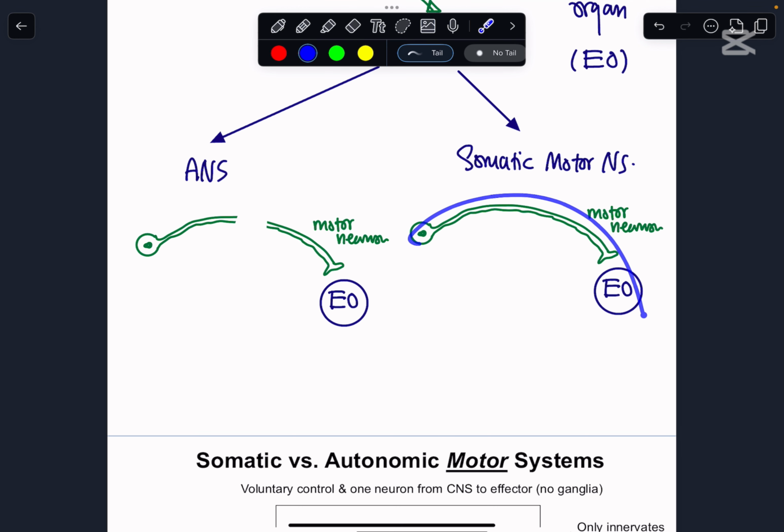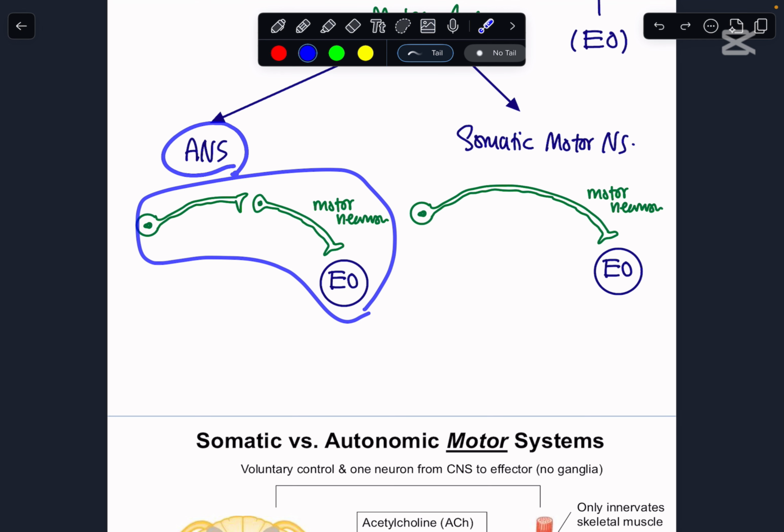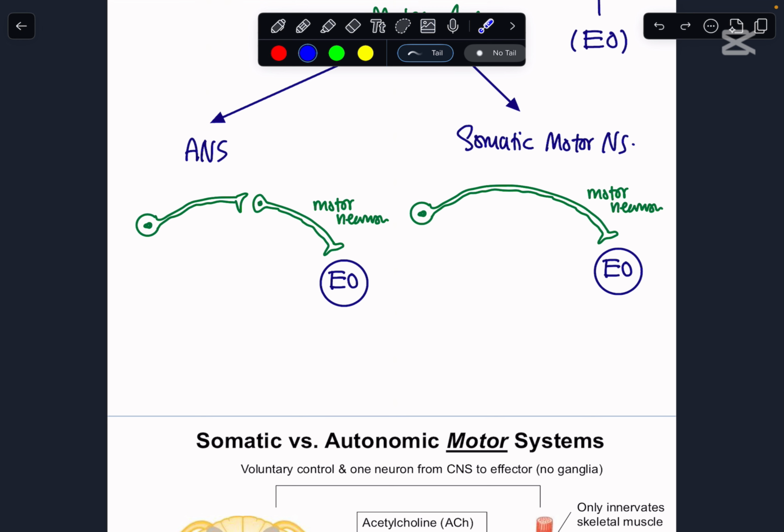So instead of having one neuron, here we say that we have a two neuron system. Again, we are only talking about the motor arm. Here in the autonomic branch, you have two neurons back to back, two consecutive neurons, one, two. Here we have a one neuron system. So one neuron, two neurons. And by the way, this is true for both sympathetic and parasympathetic, so that's why I wrote autonomic nervous system.